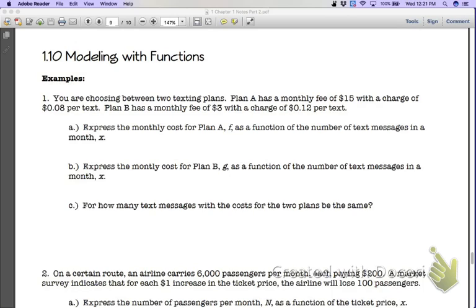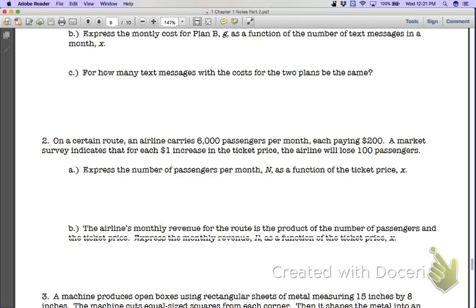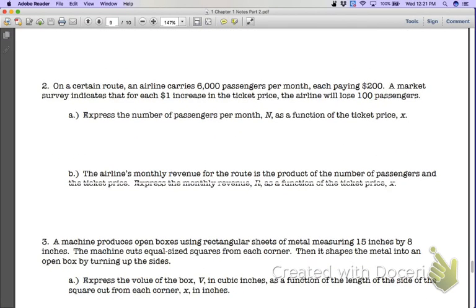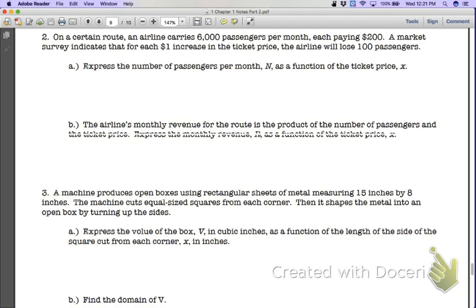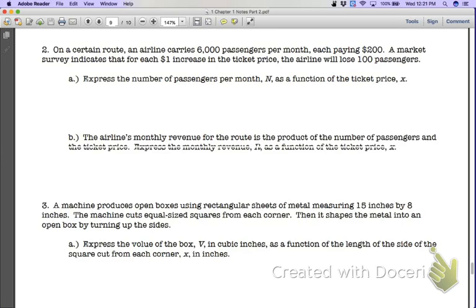So if we look at 2, the biggest thing is making sure that you know what it's asking and what you're trying to find. On 2 it says on a certain route, an airline carries 6,000 passengers per month.